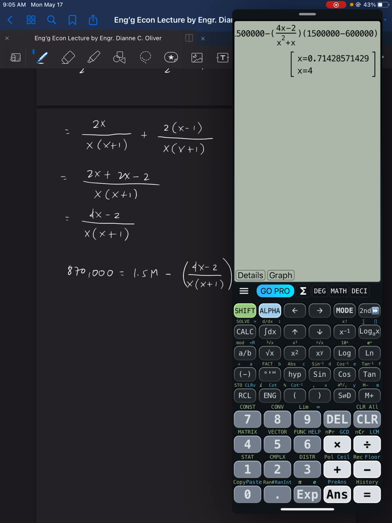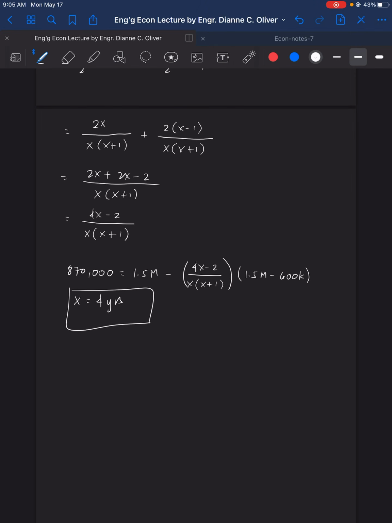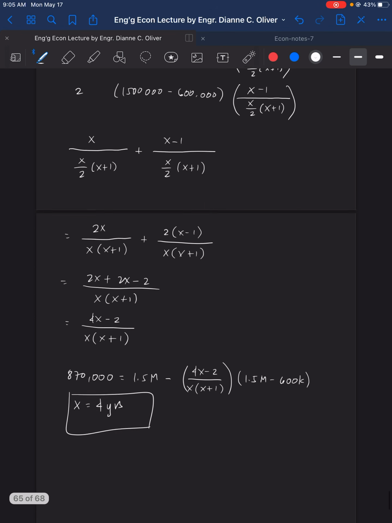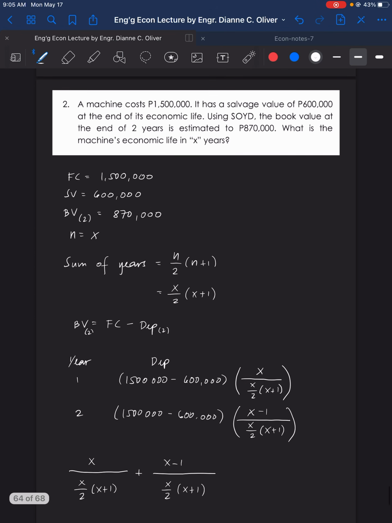So here the answer is the number of years, x is equal to 4 years. Okay, so the number of years is 4 years. So we disregard the 0.7 because obviously there has been a change in the amount. So that's for number 2 for the sum of years digit method.